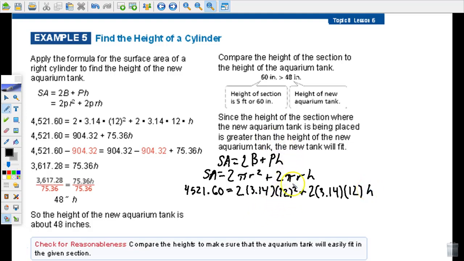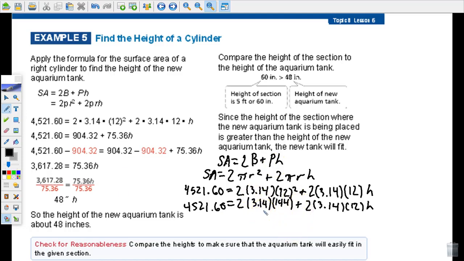So we do 12 squared, which is 144, and then 3.14 is still here, 3.14 times 2, and then this whole thing is the same. Well, actually, we can multiply it, but we'll just do that right after. And then this stays the same, equals 4521.60. Okay, now I'm just going to multiply everything to get it out of the way.